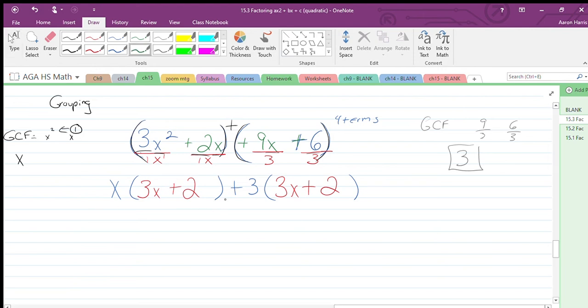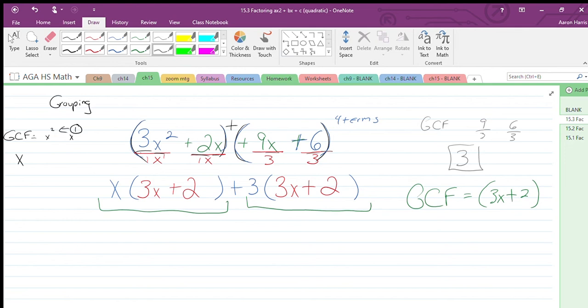And look at what we have here. I have 2 terms. And do you see something that's same in each term? Yes. I see a GCF, a common factor, that is what? 3x plus 2. So we do the same thing. Put this in parentheses, this in parentheses. Drop down, put your set of parentheses. I just do it this way because it's visual, okay?